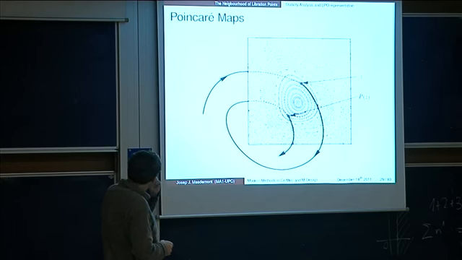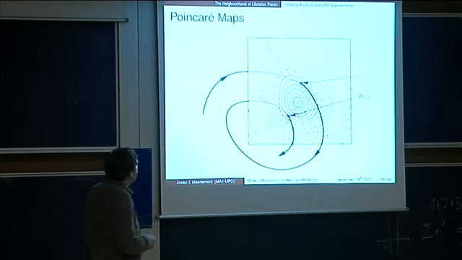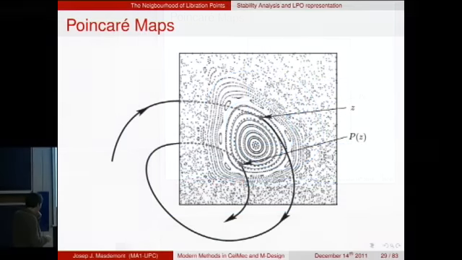Another ingredient for our computations or for our visualizations are the Poincaré maps. The Poincaré maps are obtained when you place, for instance, a plane transversal to the trajectories, and you only plot the points where the trajectory crosses this plane. So this gives you information about the trajectories.